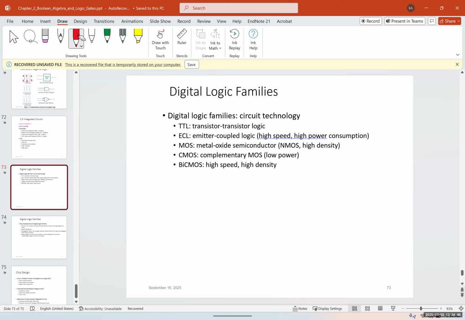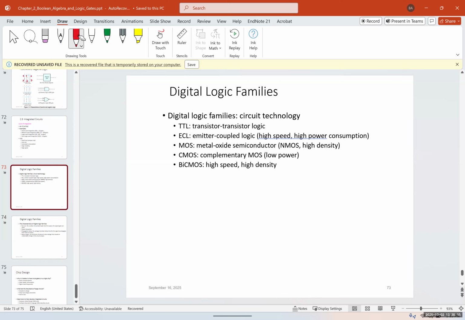So we have different digital logic families based on their circuit technology. We have the TTL, which is transistor-transistor logic. We have the ECL, which is emitter coupled logic. These are high speed, high power consumption. We have the MOS, or metal oxide semiconductor, like NMOS, high density. We have the CMOS, which is complementary MOS, a low power system.